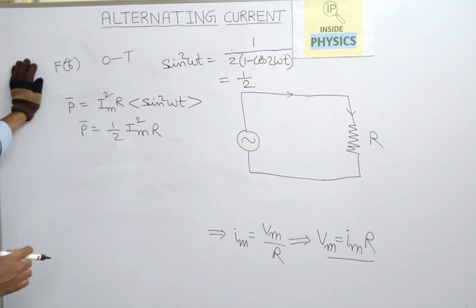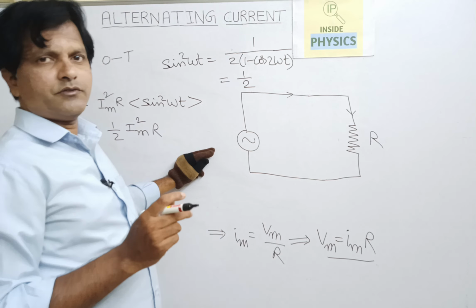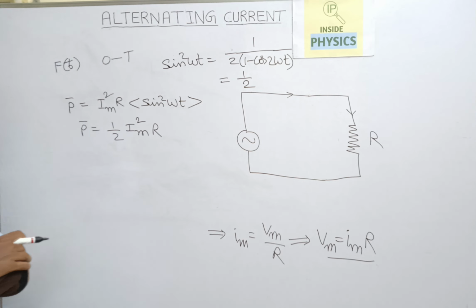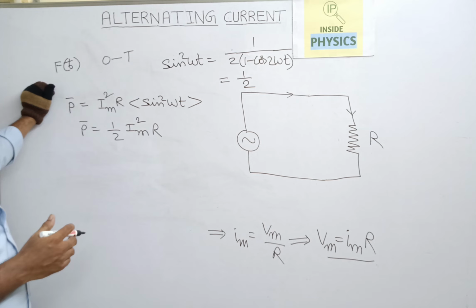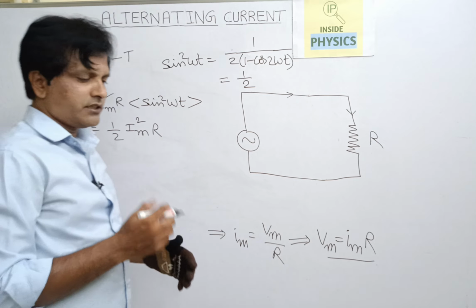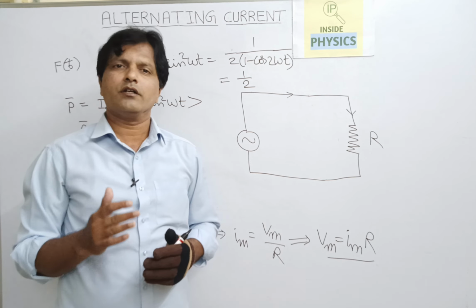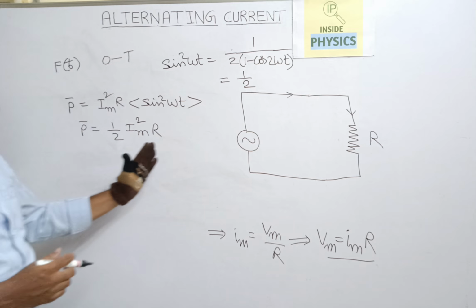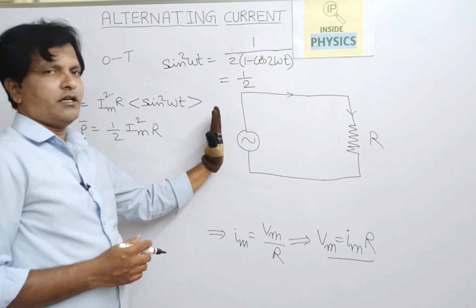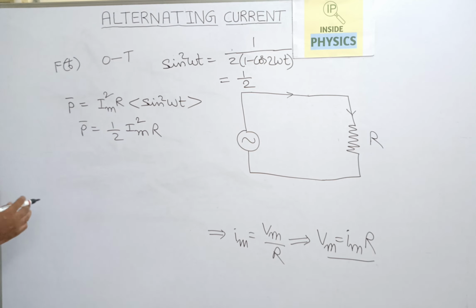Because of this alternating nature of the current, we introduce the concept of RMS value, because the root mean square value is customarily measured in all electronic circuits and equipment. The RMS value gives the current and voltage passing through the circuit.